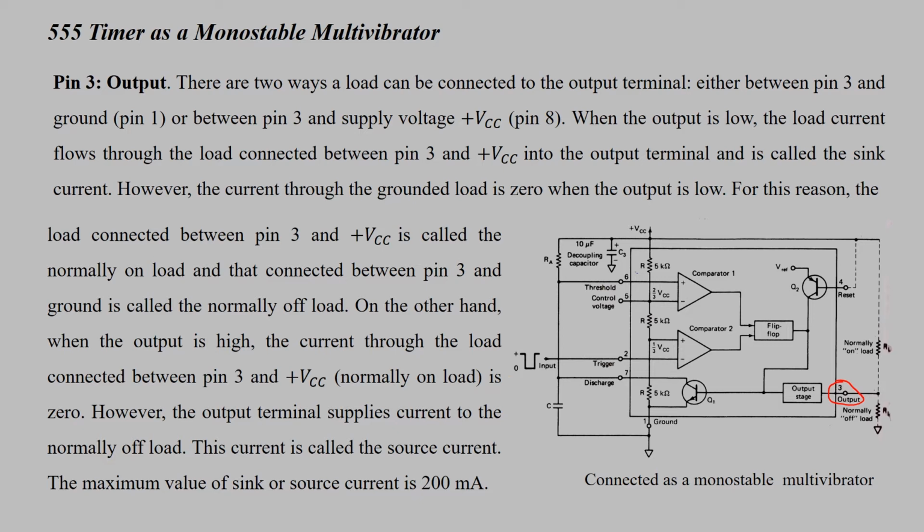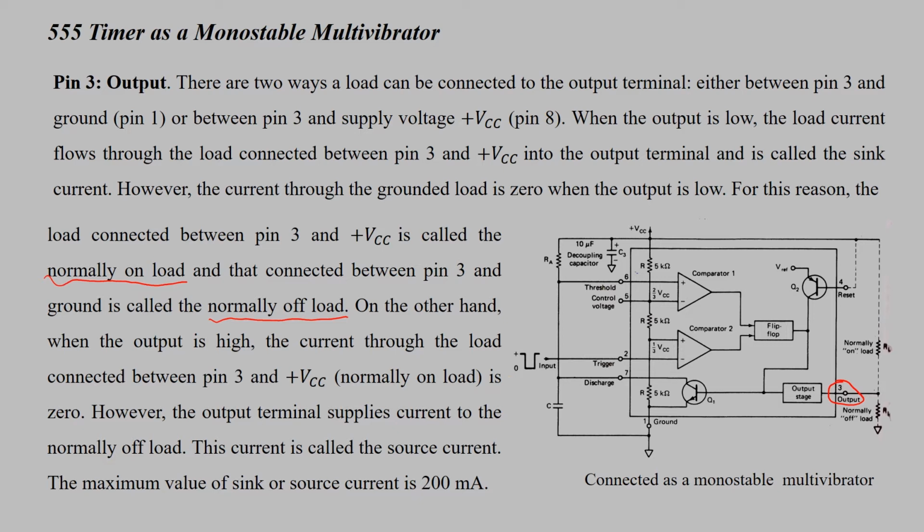For this reason, the load connected between pin 3 and VCC is called normally on load, and that connected between pin 3 and ground is called the normally off load. When the output is high, the current through the load connected between pin 3 and plus VCC is 0.